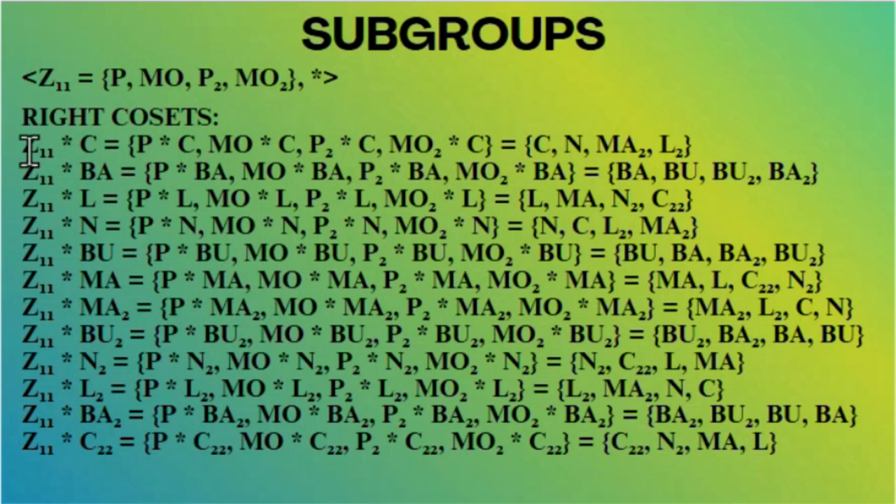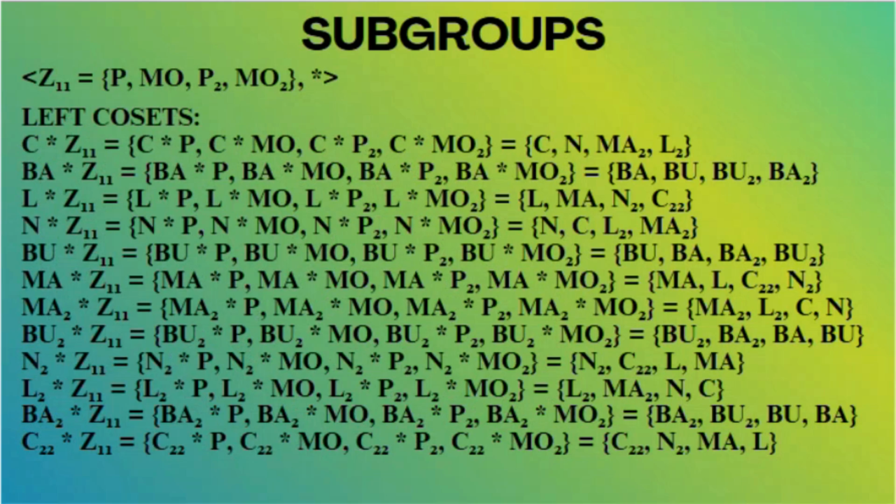Okay, so then we're just going to follow the order of the remaining for C, then PA, then L, then N, then PU, MA, then MA2, PU2, N2, L2, PA2, and C2, then we're going to get these results. For our left coset, we're just going to start first with the addition of our new element.